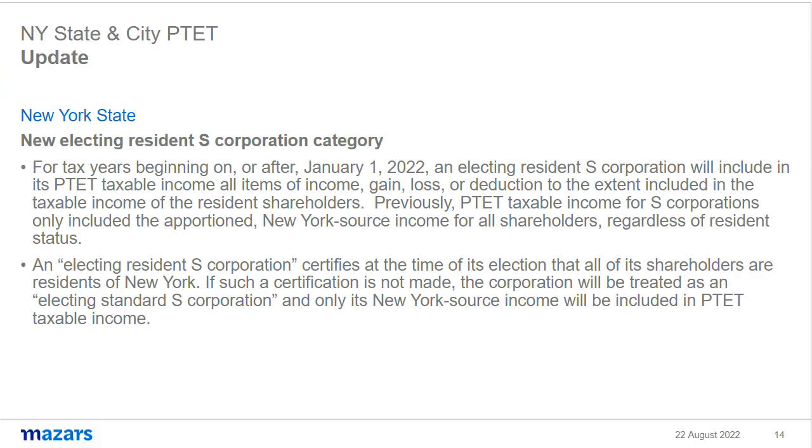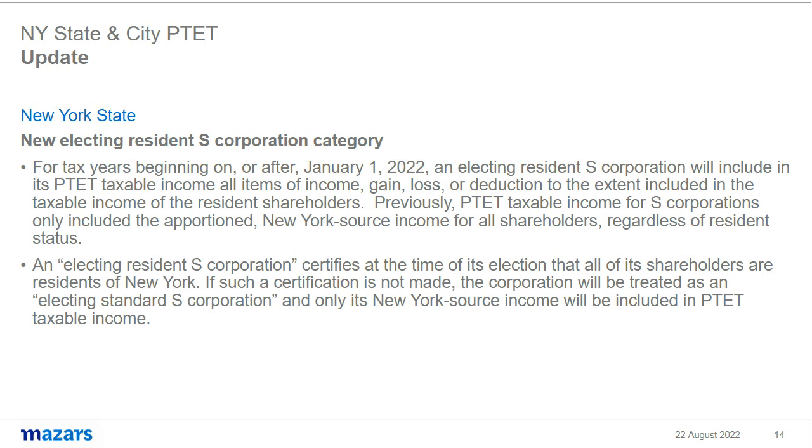Next item is the New York State pass-through entity tax. As many of you may recall, the TCJA imposed a $10,000 limitation on state and local tax deductions, and in response to that, many states have enacted pass-through entity taxes as a workaround that shifts the tax liability from the individual for pass-through entities to the pass-through entity, with a corresponding credit then being allowed to the individual shareholder or partner.